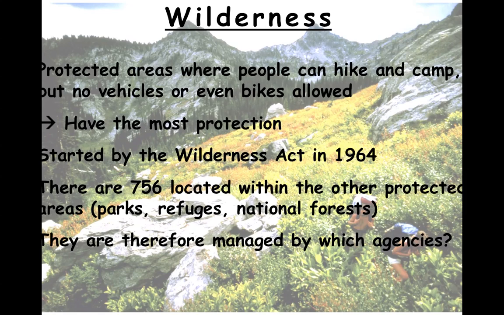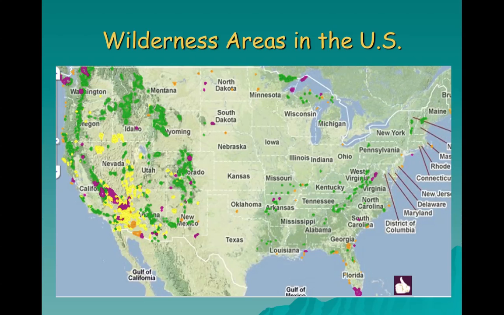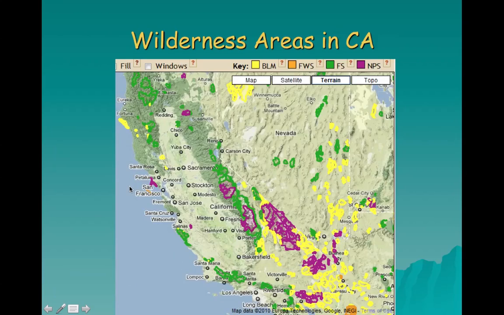So if they are in these already established protected areas, what agencies do you think they'd be managed by? Well, all the agencies that manage those above, which would include the Fish and Wildlife Service, the Forest Service, the National Park Service, the Bureau of Land Management. So they all help to manage these wilderness areas. And you can see all the wilderness areas in the United States. So quite a lot.